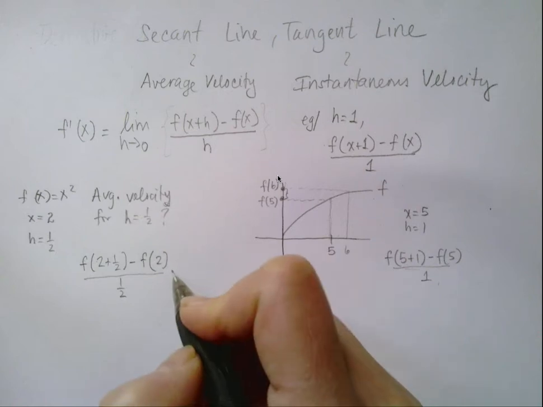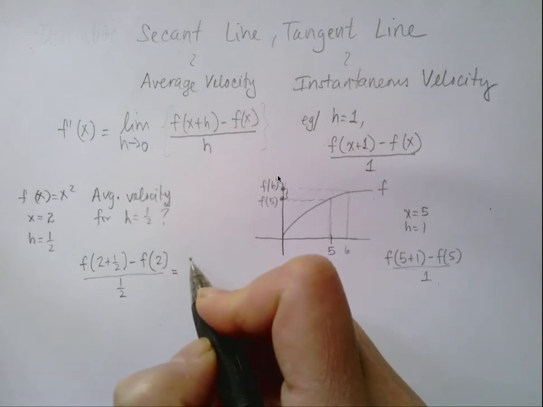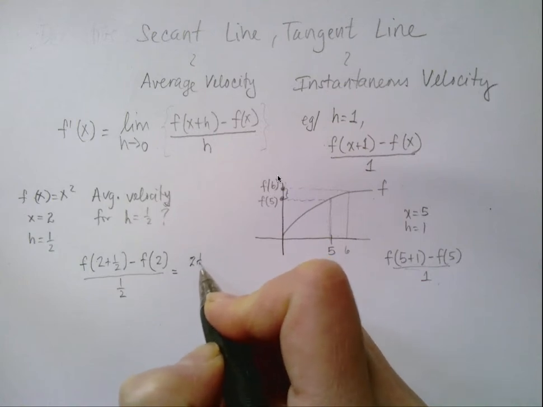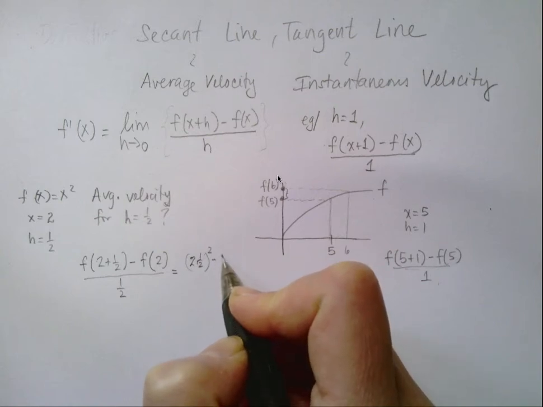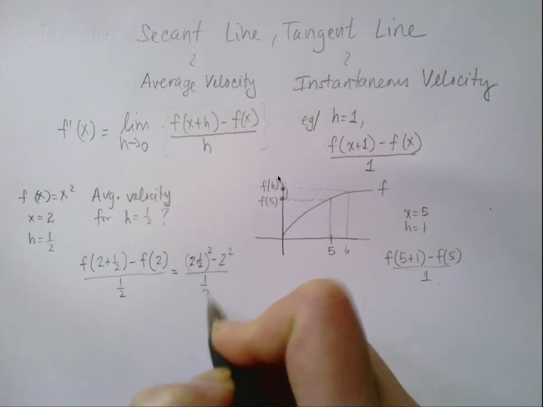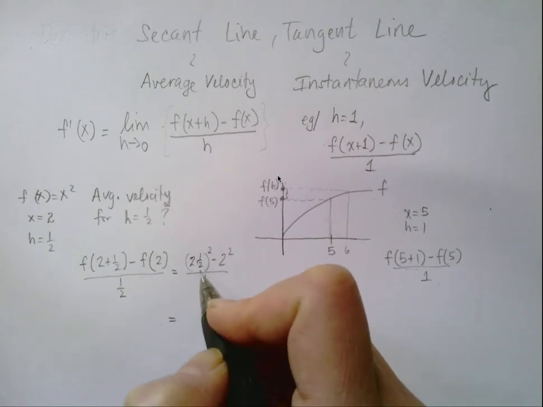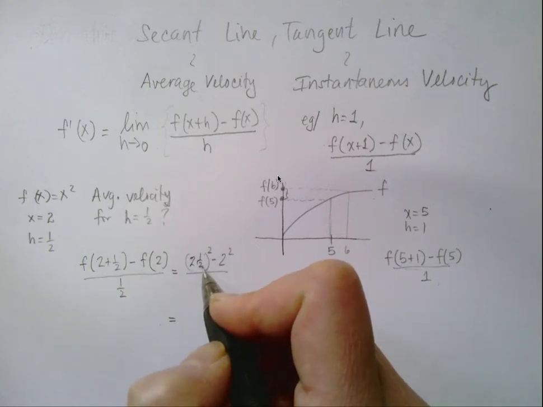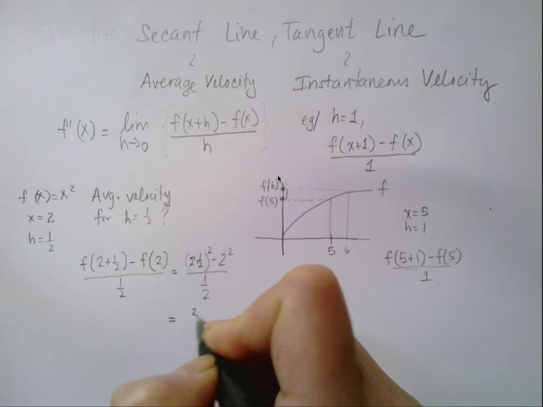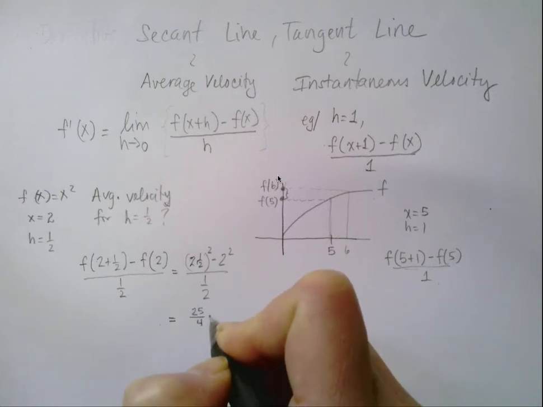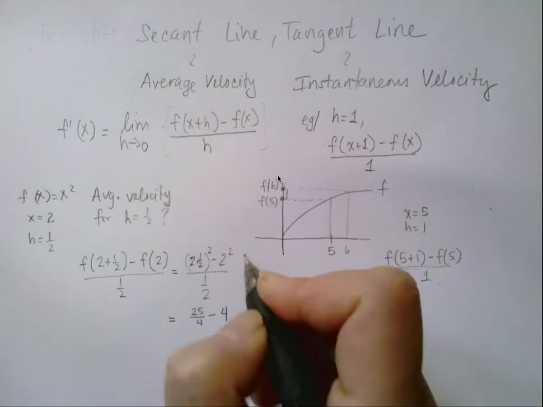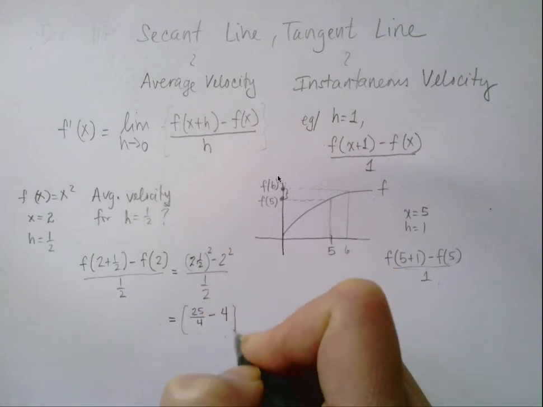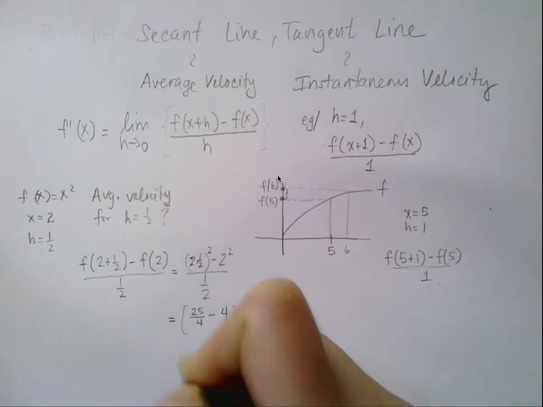Now we know our f is concrete, so that's 2.5 squared minus 2 squared over 1/2 equals, this is just 5 halves, right? So that's 25 over 4 minus 4, and I'm going to bring this to the numerator, times 2.